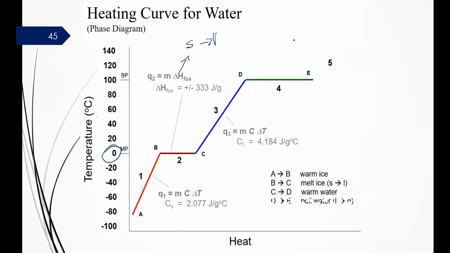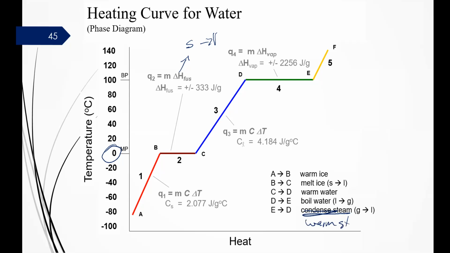Section 4 is us converting that water into a gas, and that's related to the enthalpy of vaporization. And then the last part, now that it's a gas, is us heating that gas. Not condensed, it should be warm steam.